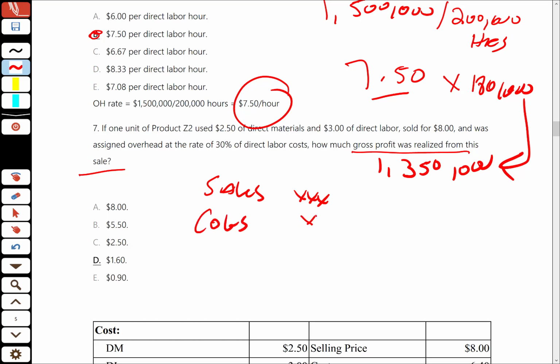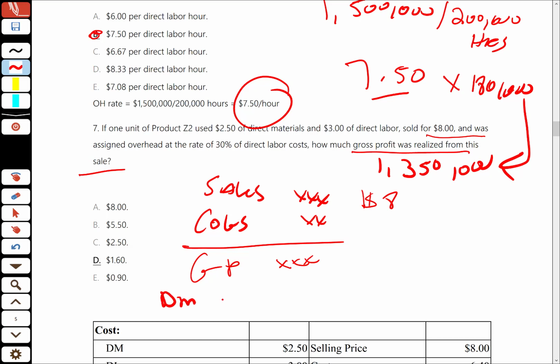Cost of goods sold, right? Okay, good. That gives us gross profit. Do we know the sales? Okay, do we know the cost? Do we know the cost of this thing? Okay, what's the cost of it?